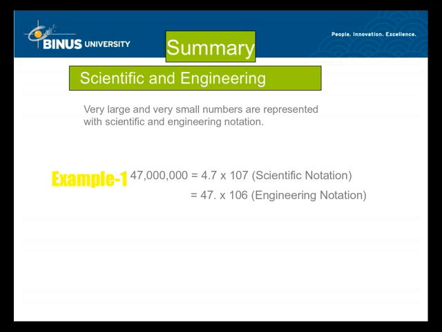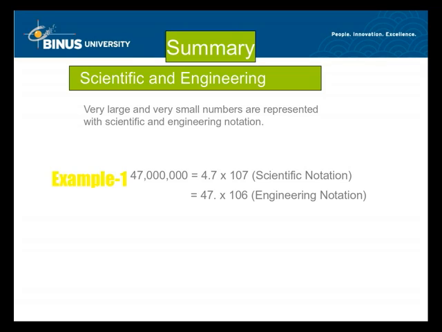In engineering, we will always have a power that is a multiple of 3. So, for example, 10 to the power of 0, then 3, 6, 9, etc.